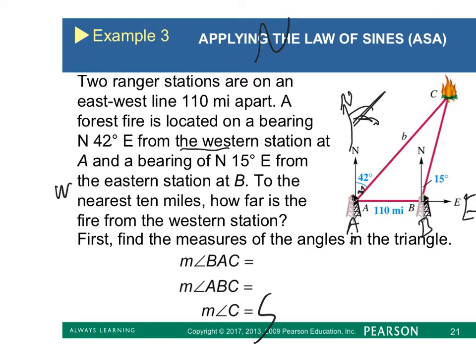And then at station A, it's a bearing of 15 east when you head north. So when you're at this station, you're going to go east 15 degrees. I'm sorry, I went the wrong way, that was west again. East is 15 degrees. To the nearest 10 miles, how far is the fire from the western station?